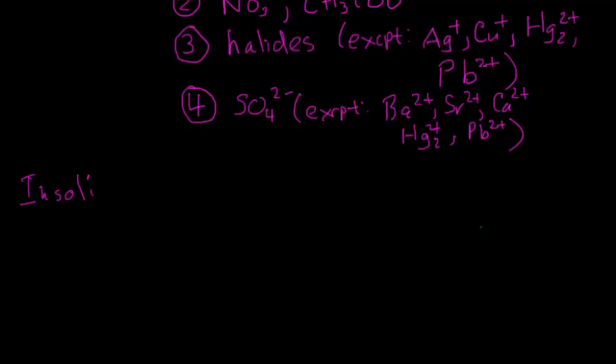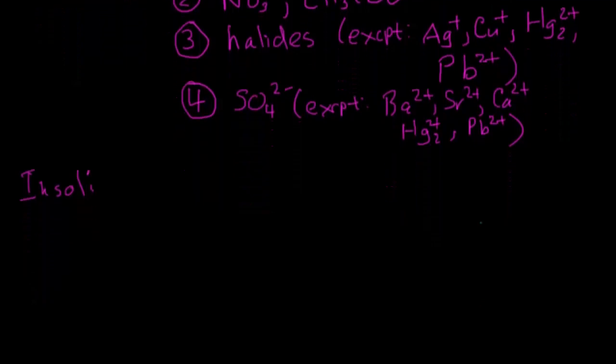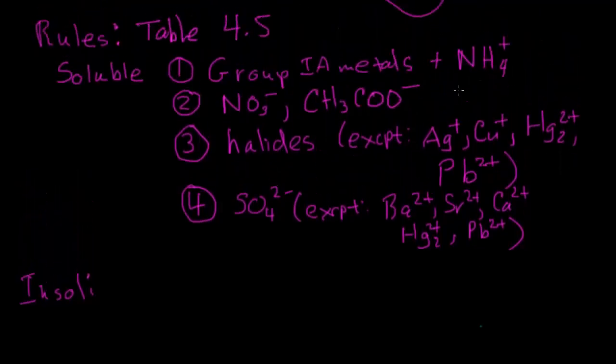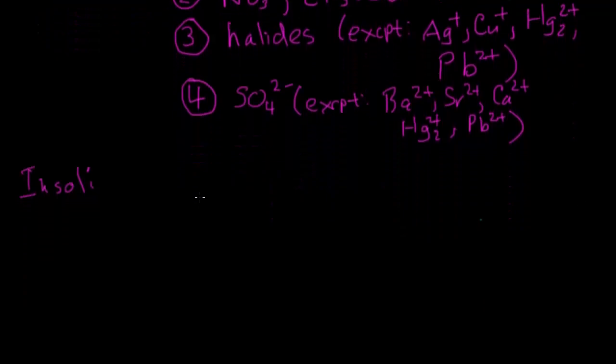All right, so the things that I write down in this list for insoluble, so things that will not dissolve in water, you have to remember that if they're one of these things up here, then they're going to be soluble. So any of these ions that I list, if they happen to be paired with like a group 1A metal, that makes them soluble because those are always soluble things. So insoluble things, hydroxides. So anything that is a hydroxide except the things that I listed above, so like the group 1A metals, and here are the exceptions.